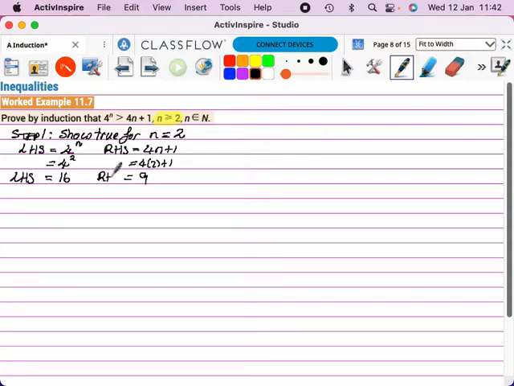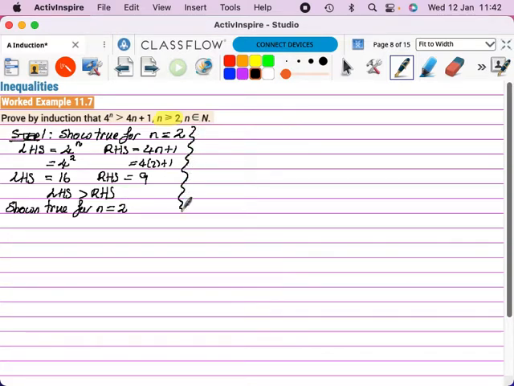So the right-hand side is equal to 9. Clearly, the left-hand side is greater than the right-hand side, and therefore we have shown true for n equals 2, and step 1 is finished.